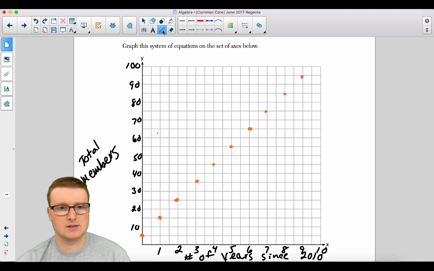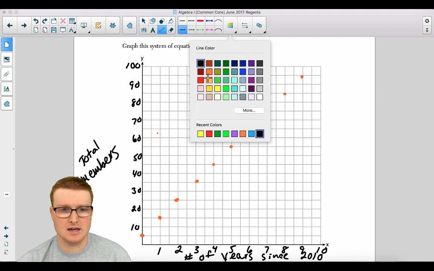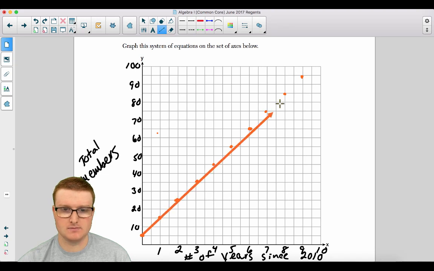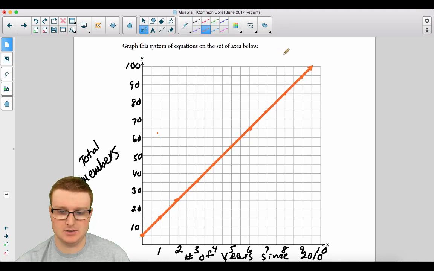So that is the swim team function, s of x equals 10x plus 5.